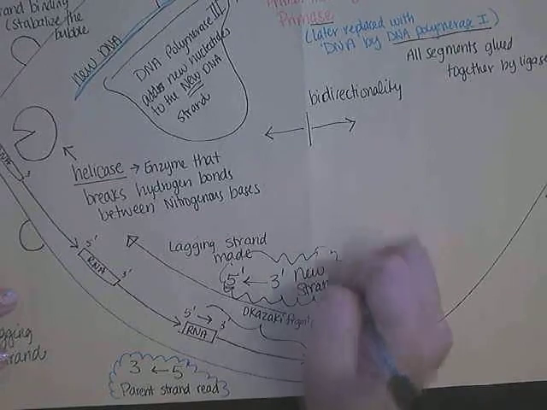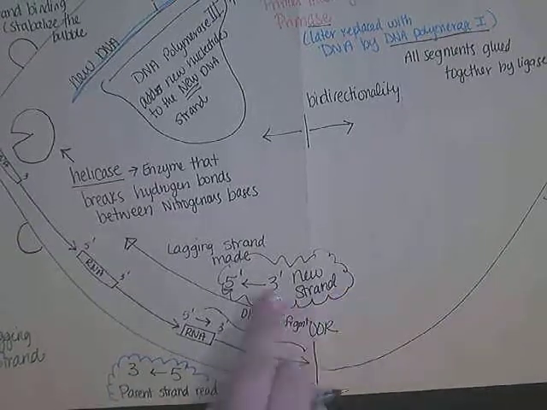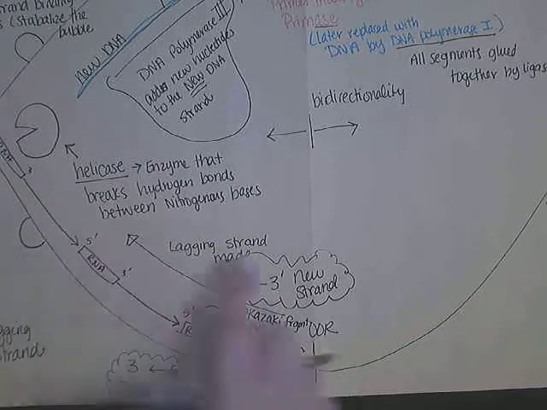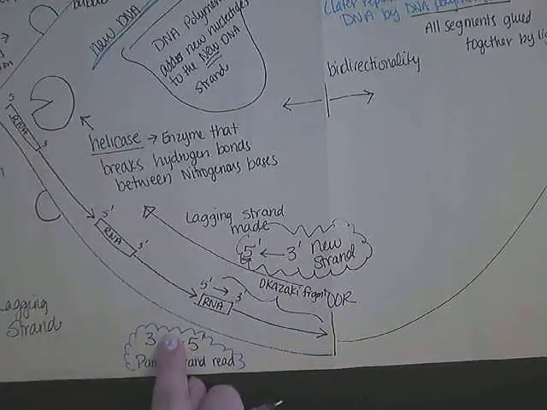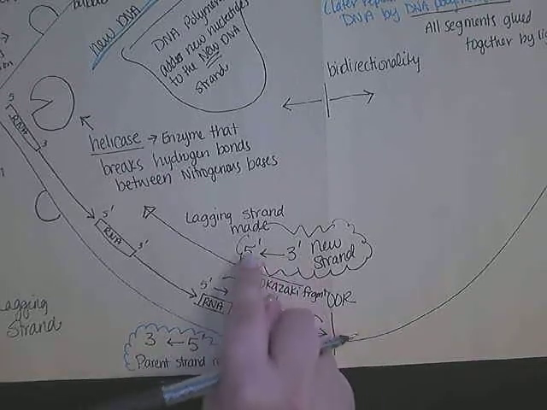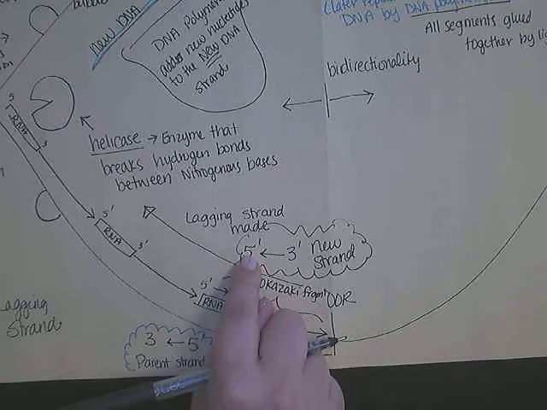If the new strand is being made in the 3 to 5 direction, then that is going to indicate that this was the lagging strand. So the lagging parent strand runs from 5 to 3, and the lagging strand is made overall 3 to 5. That's how you'll know it's the lagging strand.